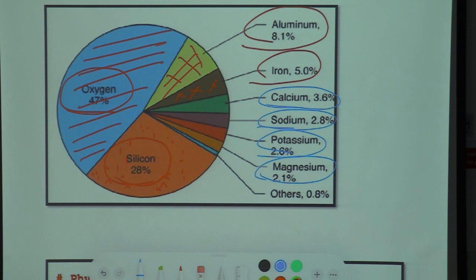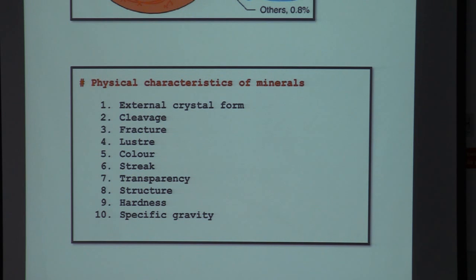First part hence is done. 98% of the Earth's building material is 8 elements, namely oxygen, silica, aluminium, iron, calcium, sodium, potassium and magnesium in decreasing order of significance.